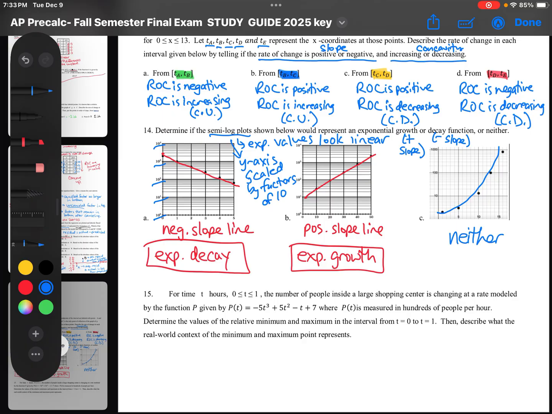Same thing here: 10, 100, 1,000, those are all powers of 10. But when we look at this one, this does not look like a line. And in a semi-log plot, the graph should look like a line if it's exponential. I know that seems weird. We'll talk more about this when we come back from Christmas break.